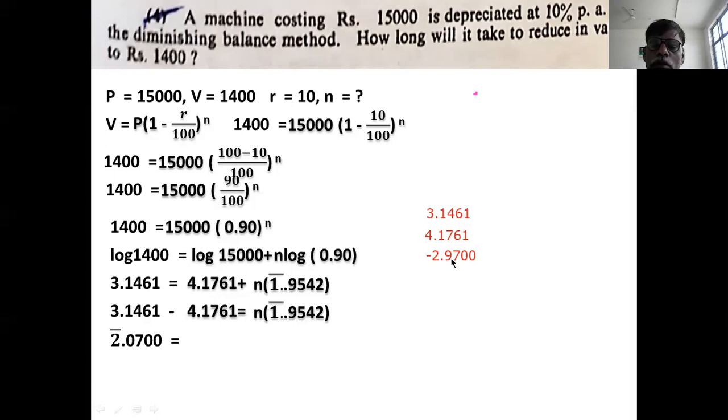So you take this as 1661. Am I right or wrong? 2.9700. 1 minus 1, 0, 6 minus 6, 0, 14 minus 7, 7, 1 minus 2.